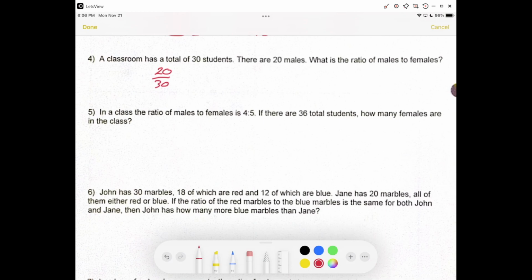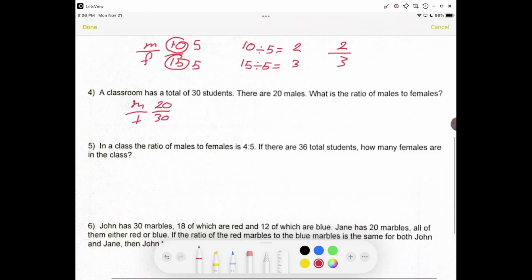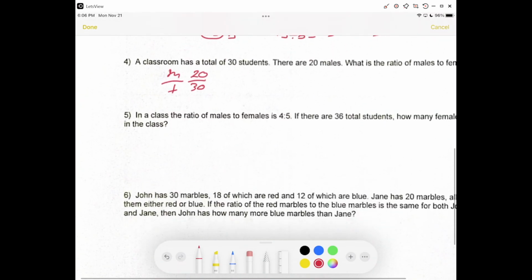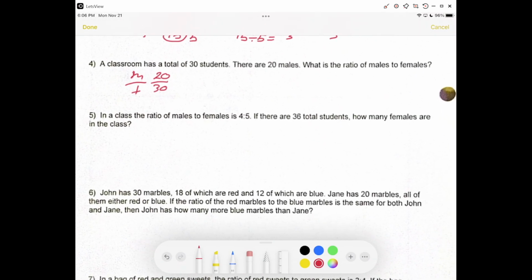We can simply just subtract the amount of males from our total to get the amount of females. By the way, this would look something like M to total. I wouldn't say M to F, right? So let's begin. 30 subtracted by 20 will give us the amount of females, which is 10, right?